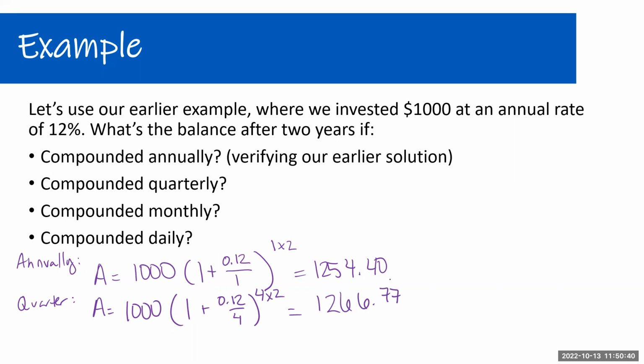Quarterly, we're actually making more at 1266 and some change. If we want to do it, I'm going to come up here. Monthly, we do the same exact formula, 1,000 times 1 plus 0.12, but now we're doing it 12 times a year.